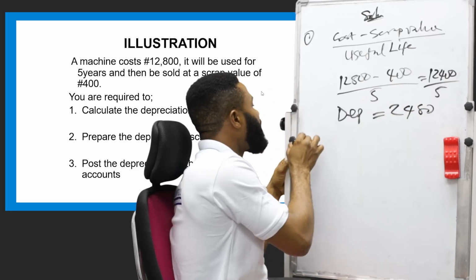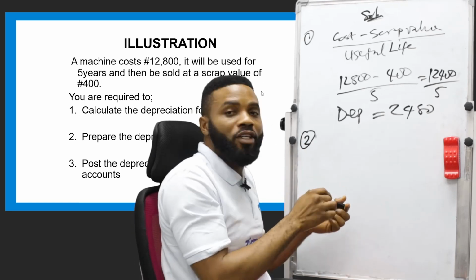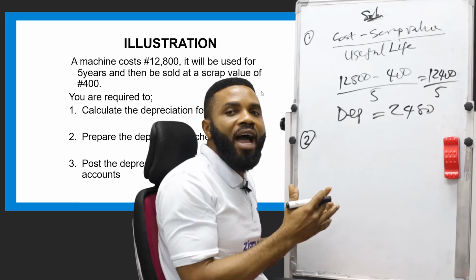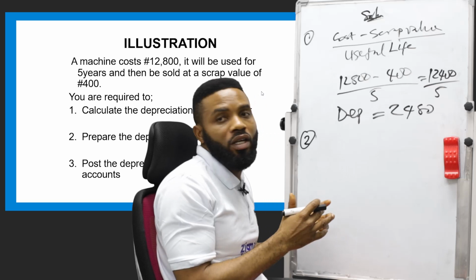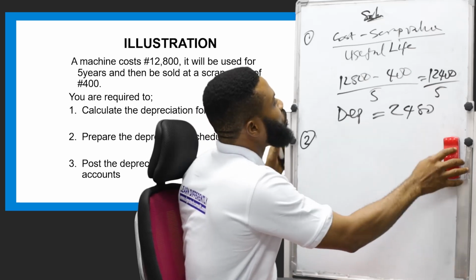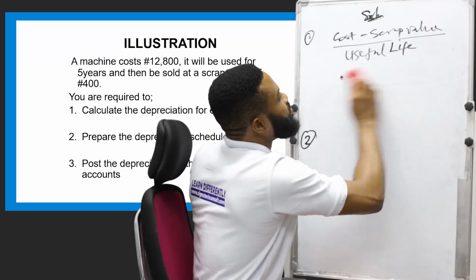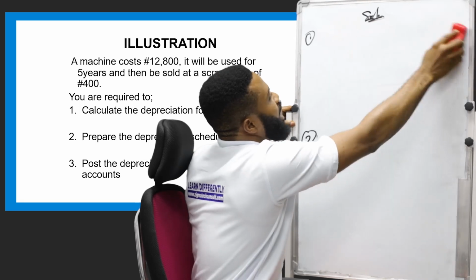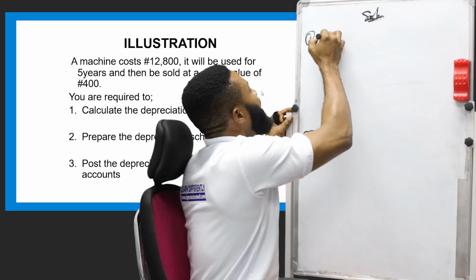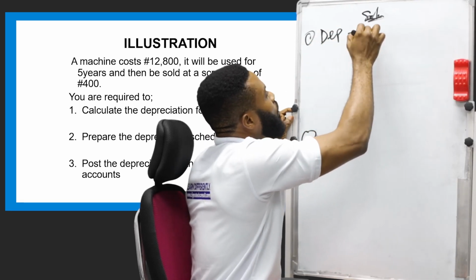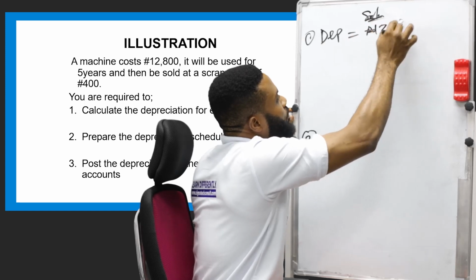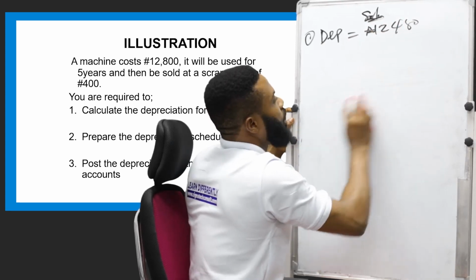Now let's look at number 2. They say number 2, you should prepare the depreciation schedule. So that we will have space, we will just write only the answer here. The depreciation is equal to 2,480. All right, so that we can have space.